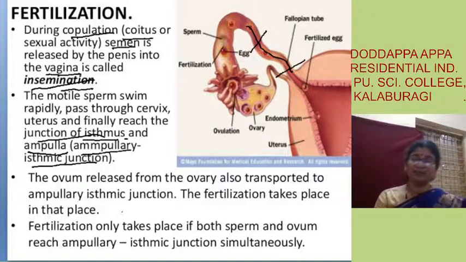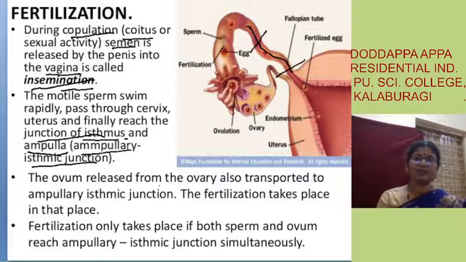And when will the fertilization take place? When the sperm and the ovum reach this junction simultaneously. If the ovum comes and waits, and dies before the sperms come, then there is no fertilization. So they must reach simultaneously.